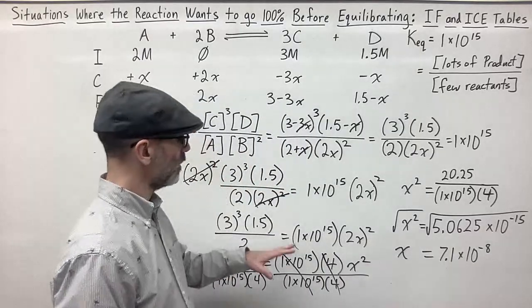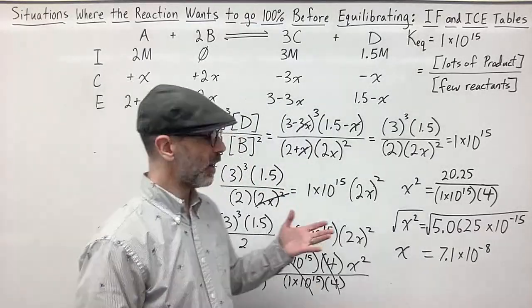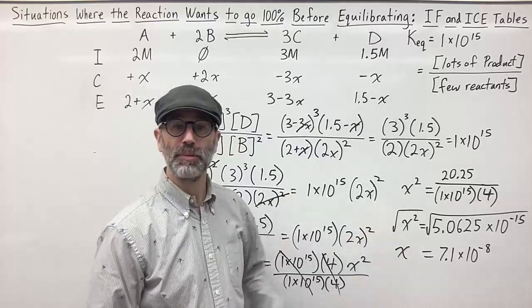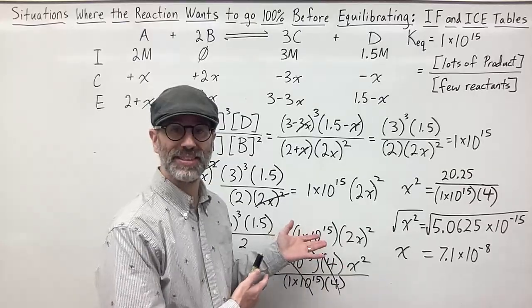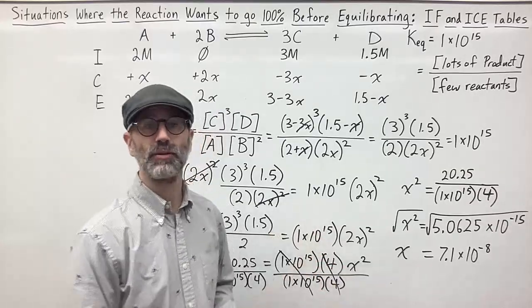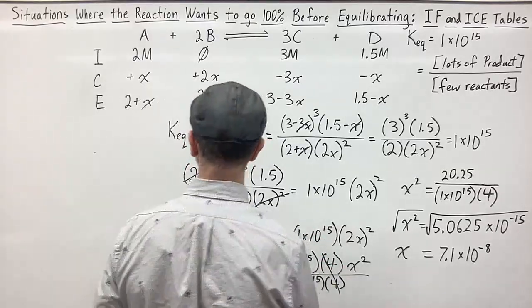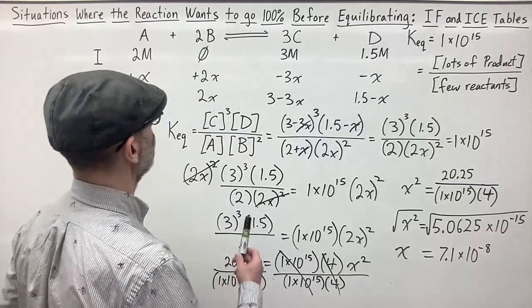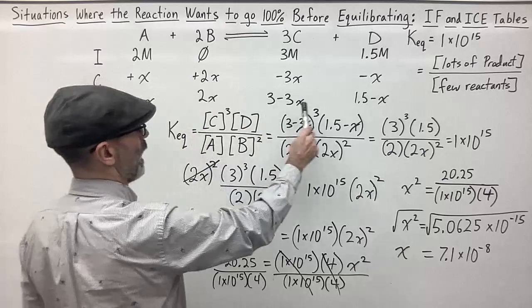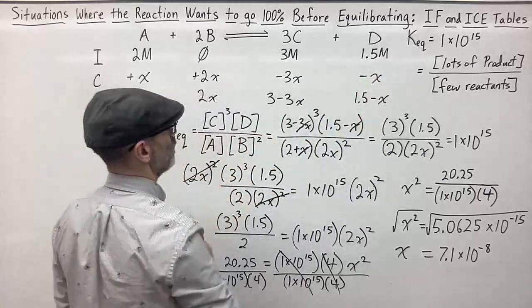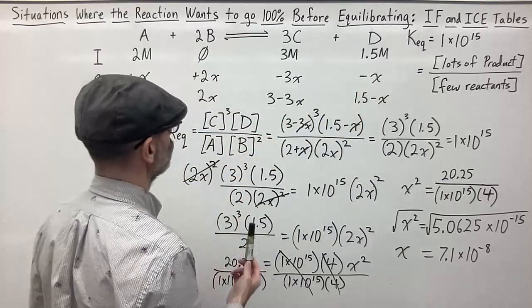And so now we can do the 5% calculation to determine whether the assumption that x is negligible is valid. So let's go ahead and do that. Here we would look at which one is going to give us the largest error.